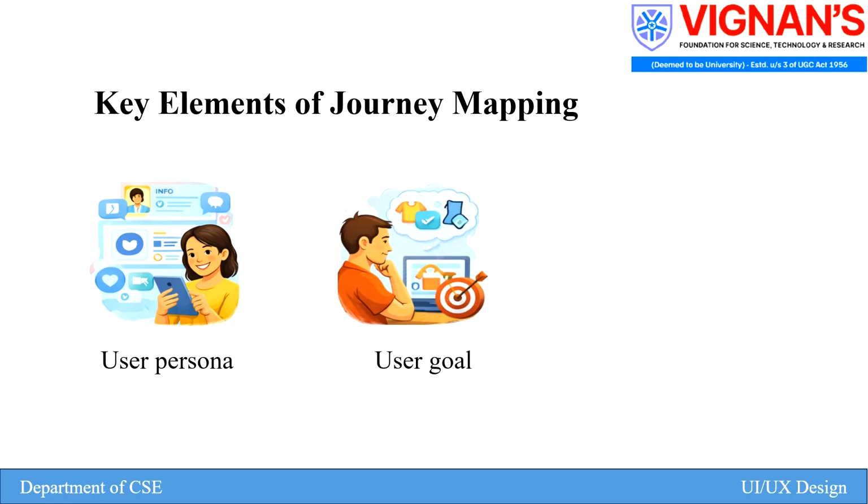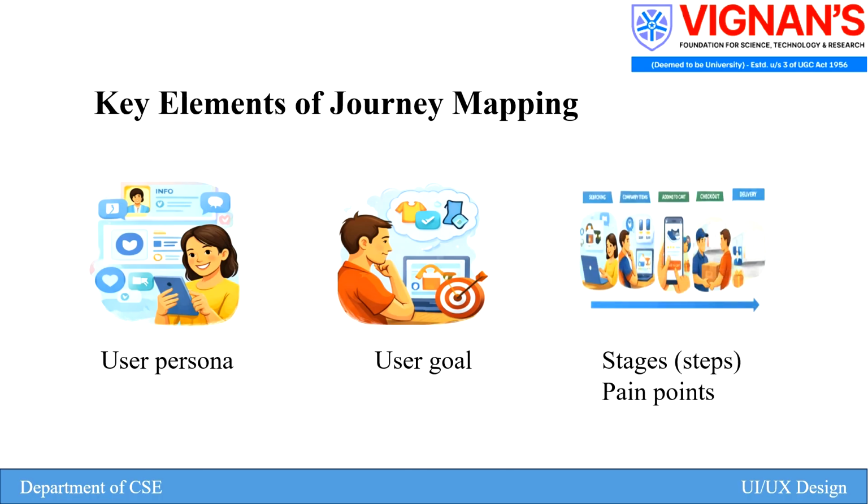User goal, the specific objective or outcome that a user wants to achieve while using a product or service. Stages and main points, the key steps in the user journey along with the important actions, decisions, or touchpoints in each stage.